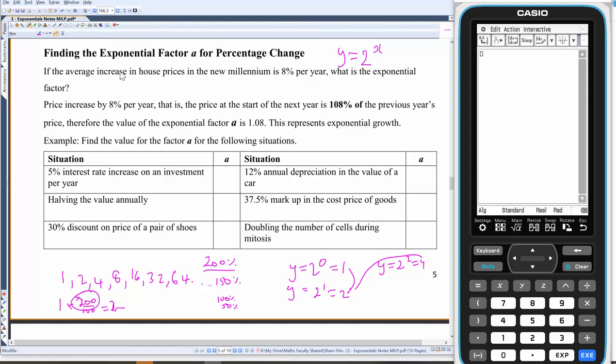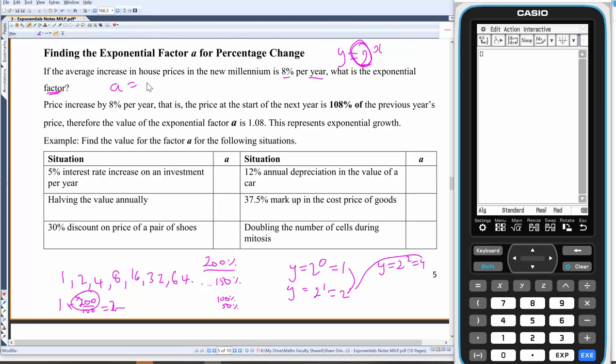Now, if the average increase in house prices in the new millennium is 8% per year, what is the exponential factor? Well, that's starting to talk about our A value. So here, this base 2 in this case was the exponential factor. We're looking at an exponential factor to represent this scenario.